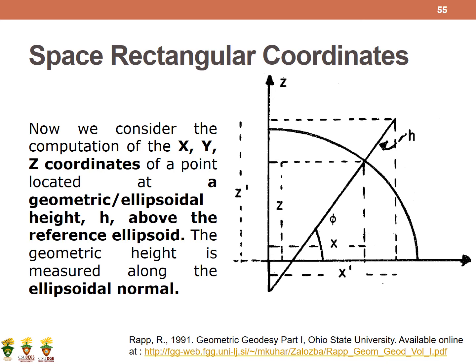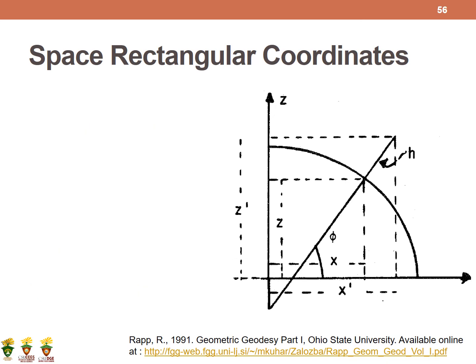So this is the point on the surface of the earth, and h goes down to the ellipsoid. From this illustration, we have x prime, for this one let's use a red pen. So x prime is just equal to x, where x is measured from the z-axis to the point.